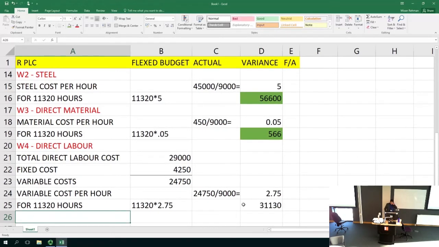So for 9,000 hours, our variable cost would be 24,750. For 11,320 hours, our variable cost would be 31,130.